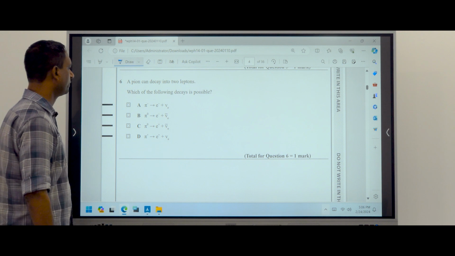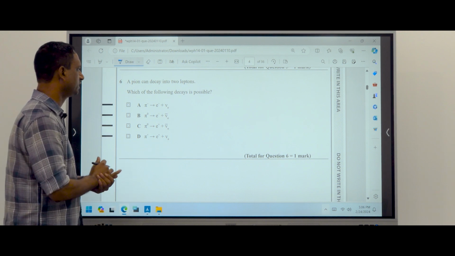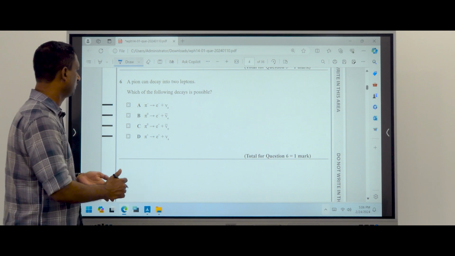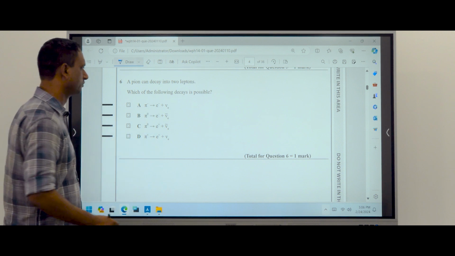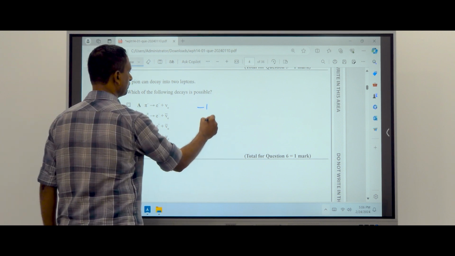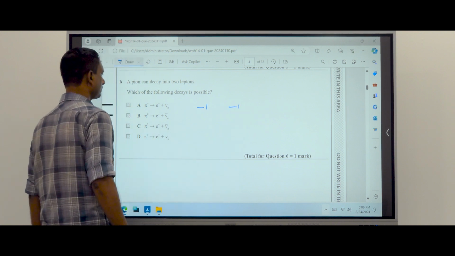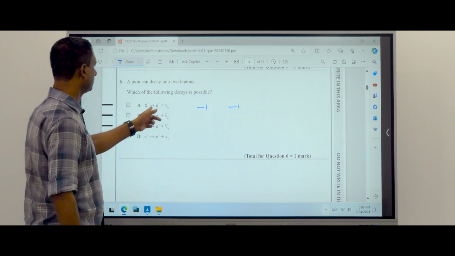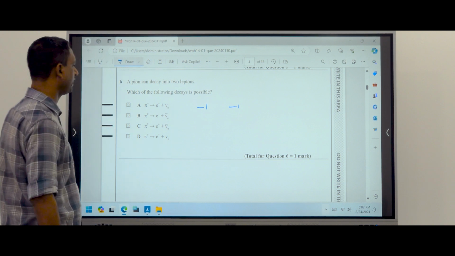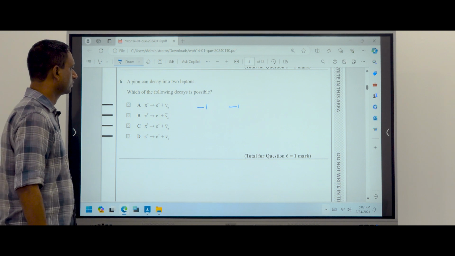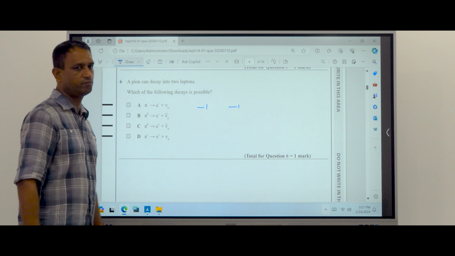A pion can decay into two leptons. Which of the following decays is possible? Pi minus means charge minus 1. This side minus 1, the other side also has minus 1 charge. The other one is a neutrino. A neutrino doesn't have a charge. Charge is conserved, but check lepton number.